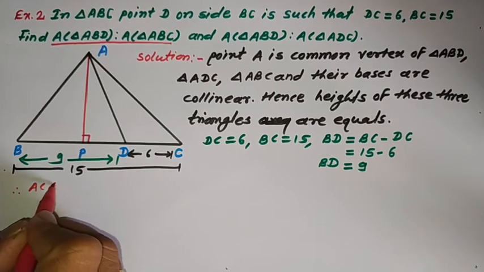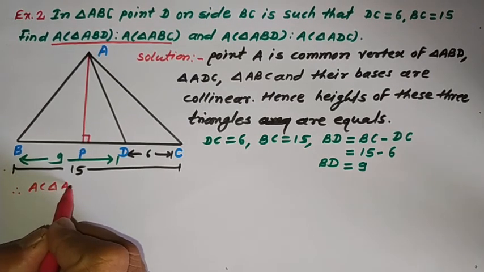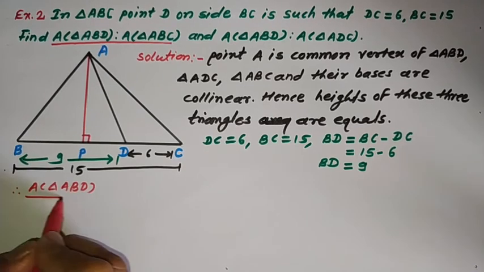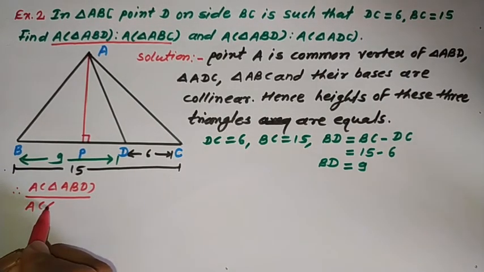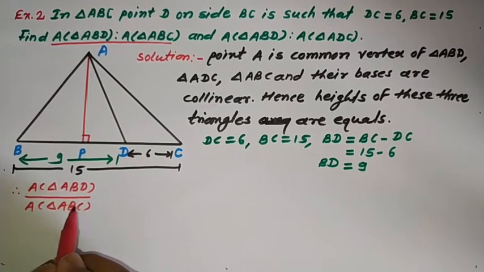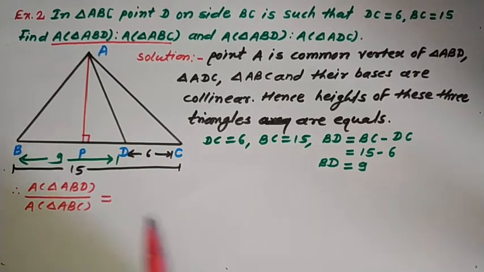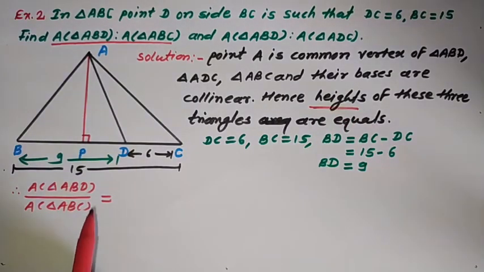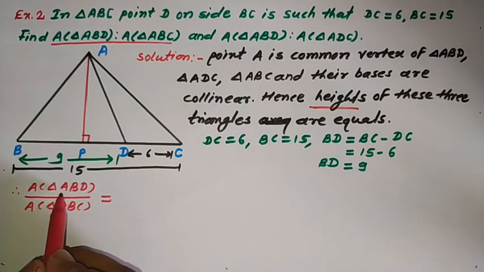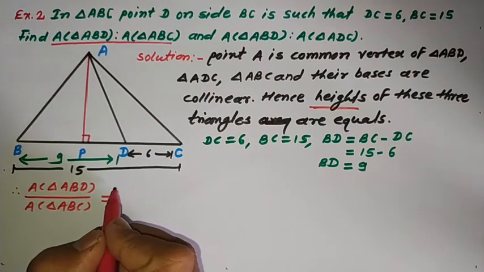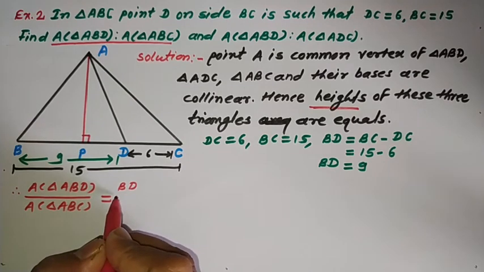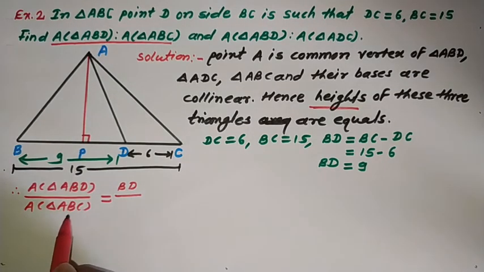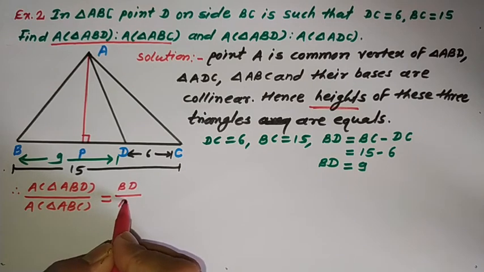The ratio of the areas of two triangles with equal heights is the ratio of their bases. The base of triangle ABD is BD, and the base of triangle ABC is BC.